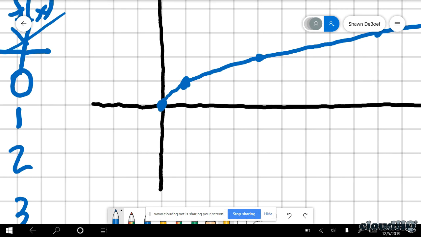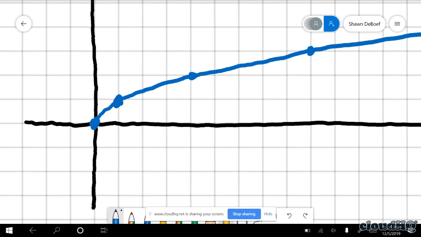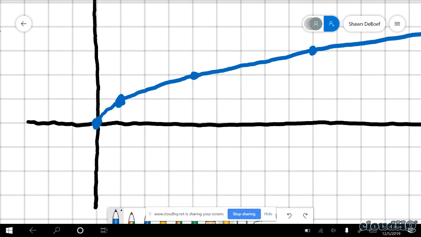Or maybe better yet, what I did not use. Look at the right side of my graph. Look at the left side of my graph. What's true about the left side of the graph? It's a starting point or an ending point, depending on which way you look at it. It doesn't have an arrow, it doesn't go through it.